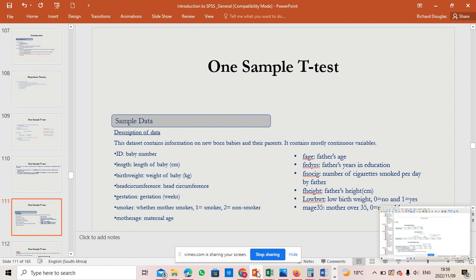Then we have the maternity age, then the father's age, which we believe is going to impact the weight of the newborn baby.